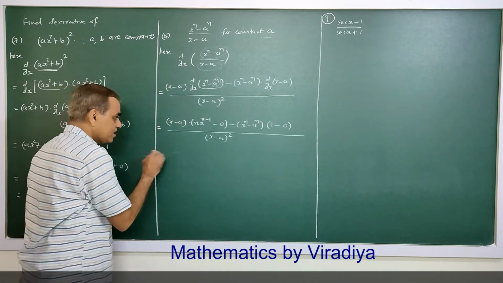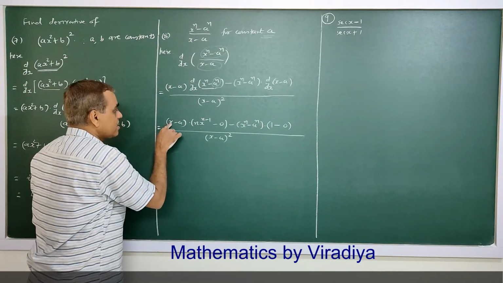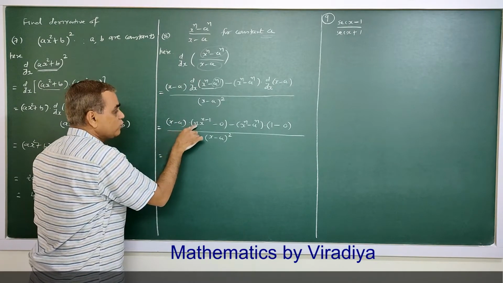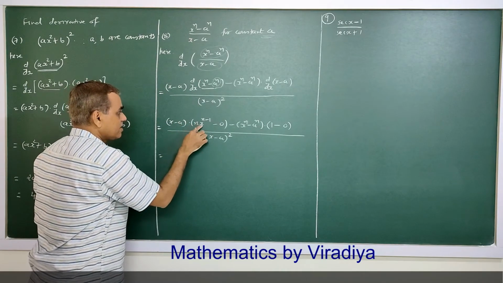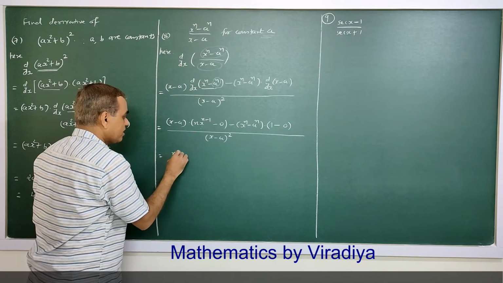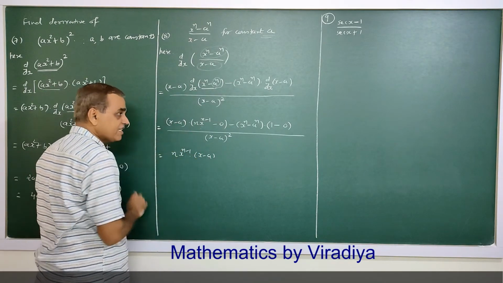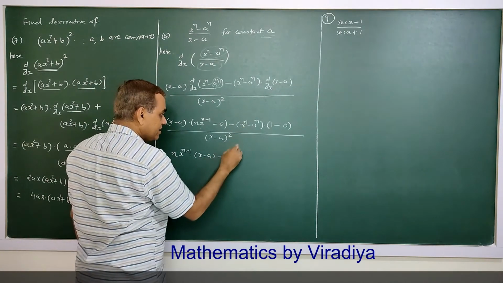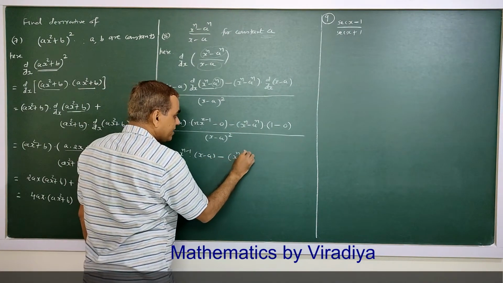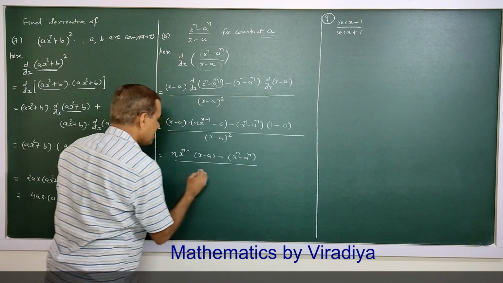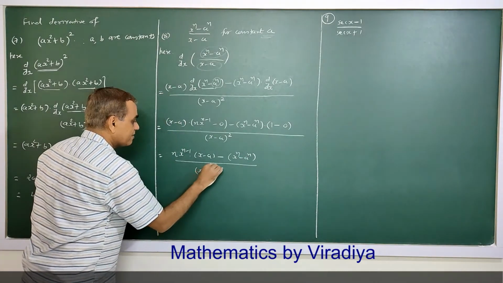So this is x minus a into n times x raised to n minus 1, into x minus a, minus x raised to n minus a raised to n, upon x minus a whole square.